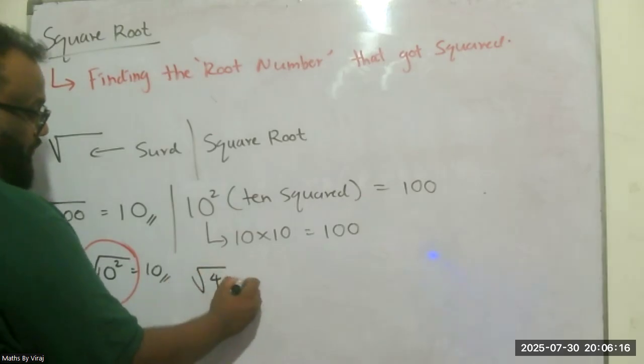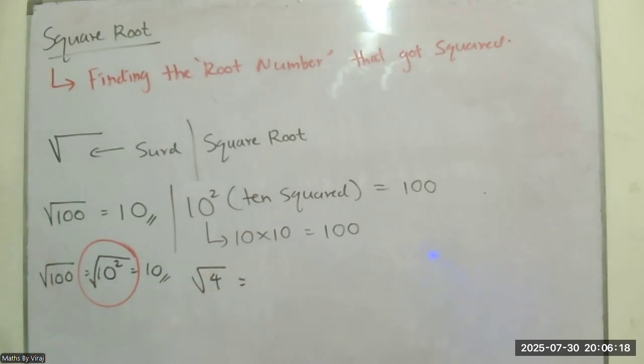What is the square root of 4? What number multiplied by itself gives you 4? 2 multiplied by 2.